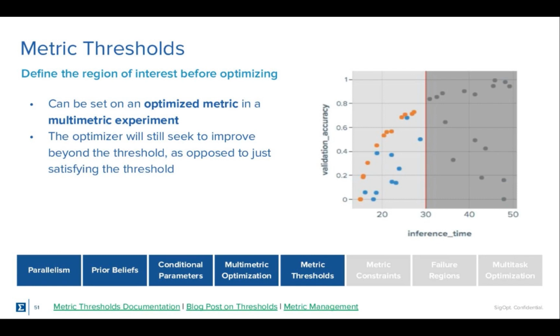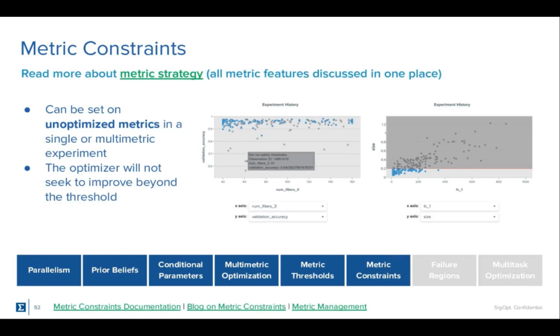If you do have a tight bound due to business circumstances, and you can't go more than, say, 30 milliseconds for your inference time, you can implement that in SigOpt through that interface that I showed you, and it will try to find points that meet that criteria, either with metrics that you're optimizing or metrics that are not optimized. Maybe you don't care about latency as long as it is past 30 milliseconds. And we're able to do that too.